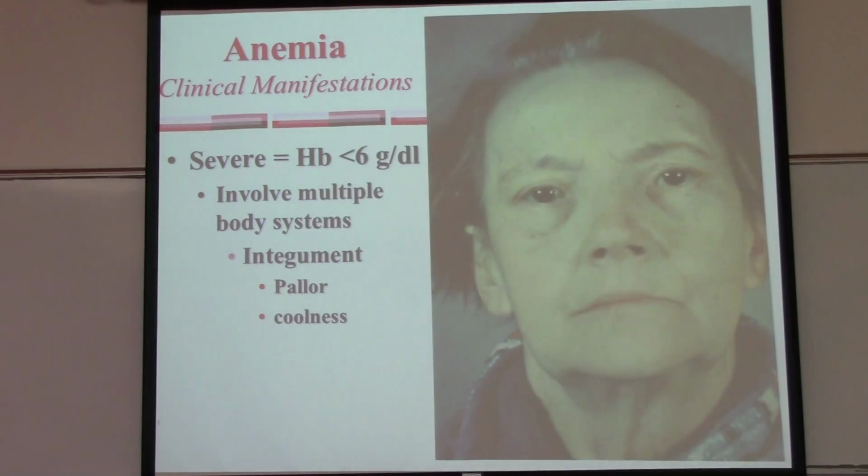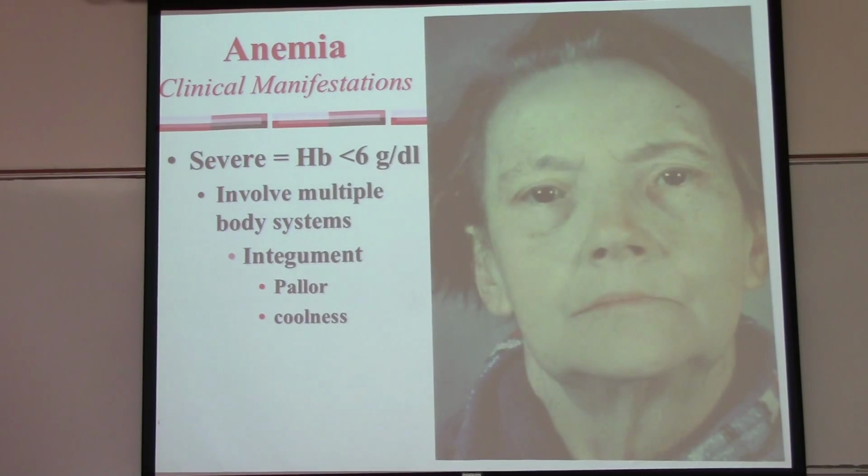So with a hemoglobin less than 6, you're going to see multiple systems affected. You're going to see blood flow diverted to tissues that have higher oxygen needs, away from tissues that have less oxygen needs. Skin has a low oxygen need. When a person is hypotensive, or let's just go extreme here, if you do CPR on a patient, does their skin fall off?